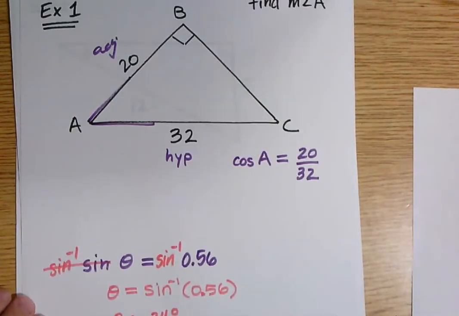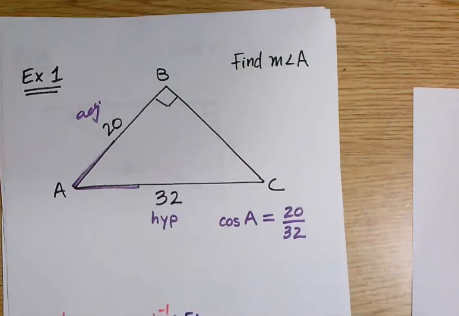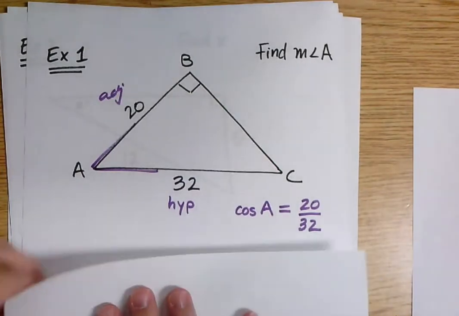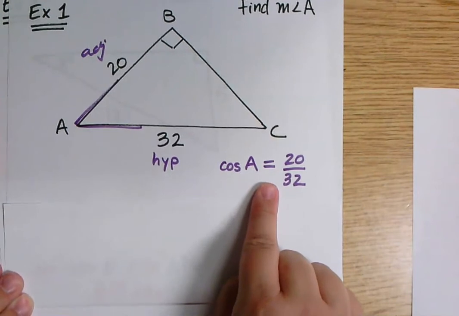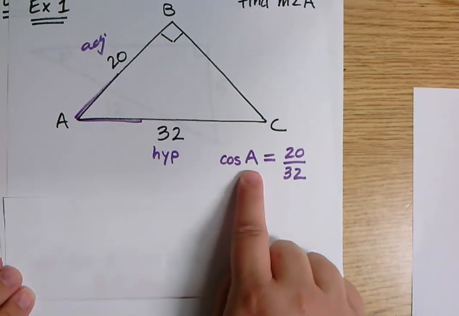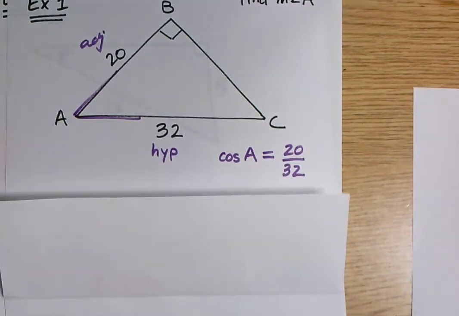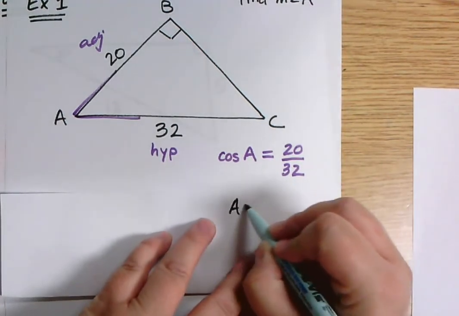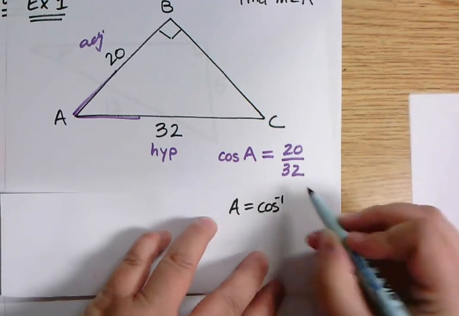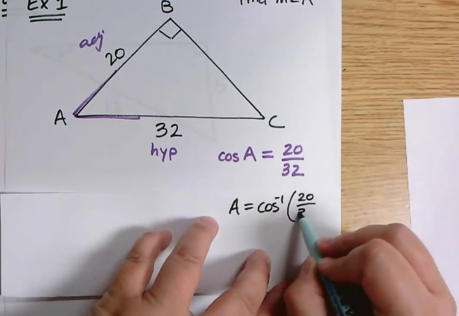Okay? So actually, that was not our problem. So like we are here. So let's get rid of that. So this is where we are once we set up our equation. We're trying to find the missing angle because that's what A is. So I'm going to say, okay, then A is equal to the inverse cosine of that fraction.